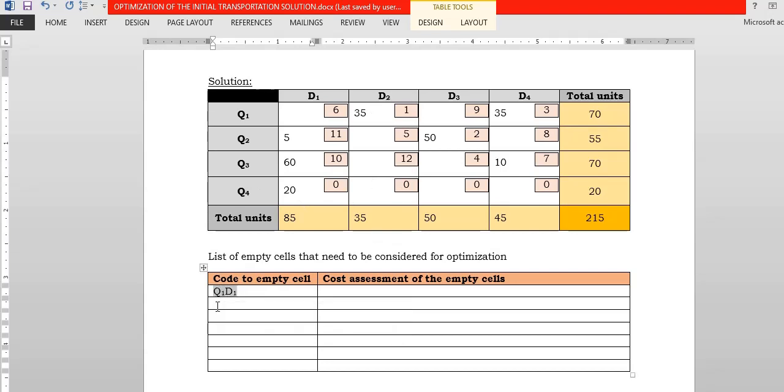So I'll copy this one. So it is Q2D2. Then we have Q3D2. Then we have Q4D2.